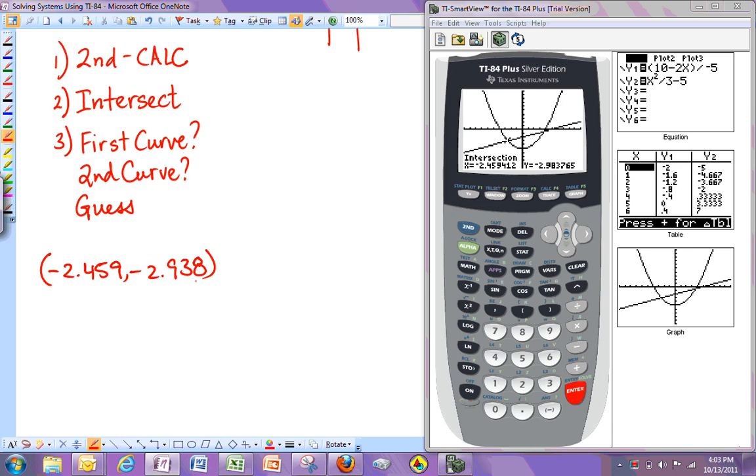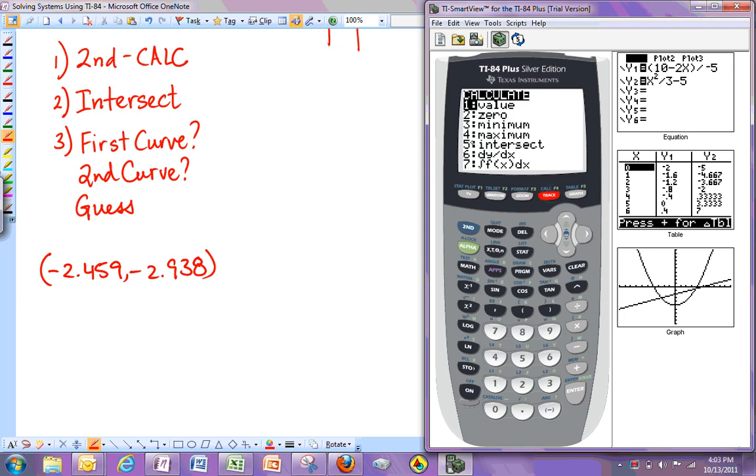So that's one. So if we do it again for the other one, I have to go all the way back to second calc, find option 5 here. Whoops, I went too far. I'm just going to hit 5. So now I'm going to mark the curves again. I'm on the line right now, so there's my first one. Now I'm on the parabola, so there's my second one.